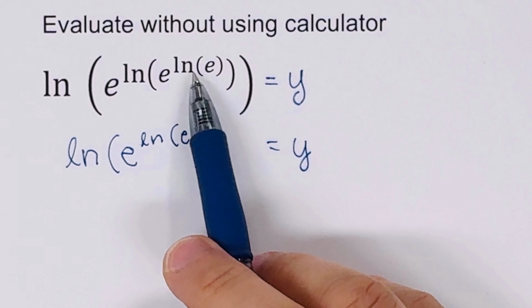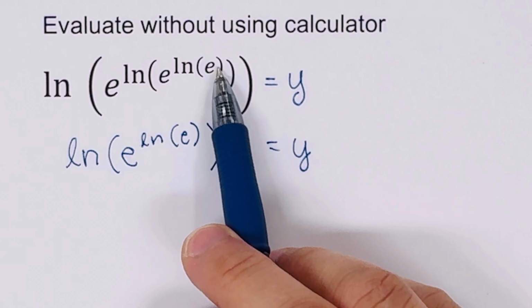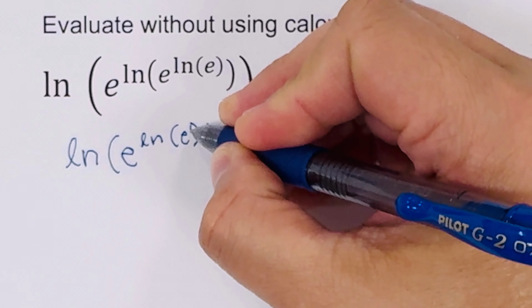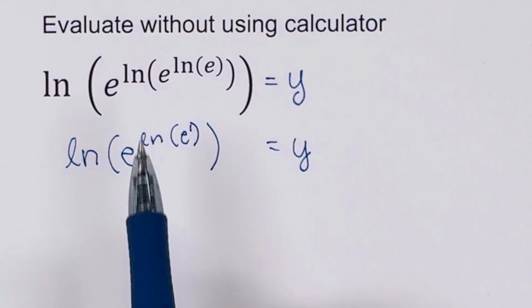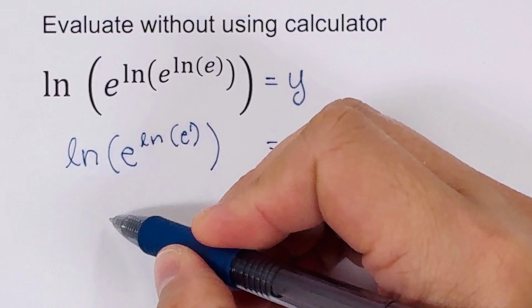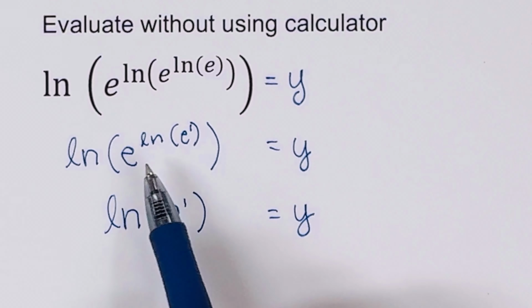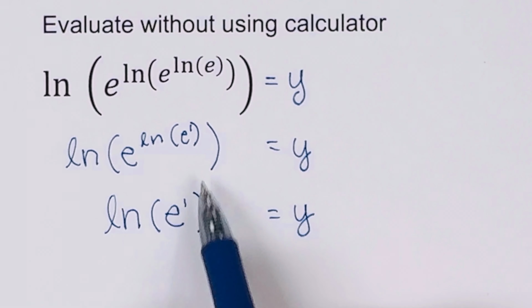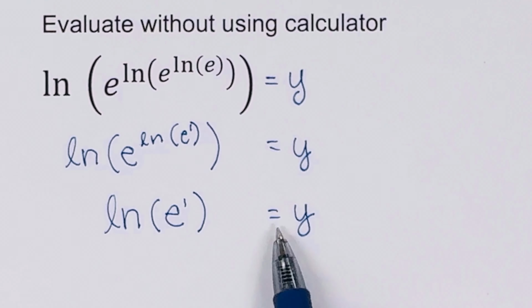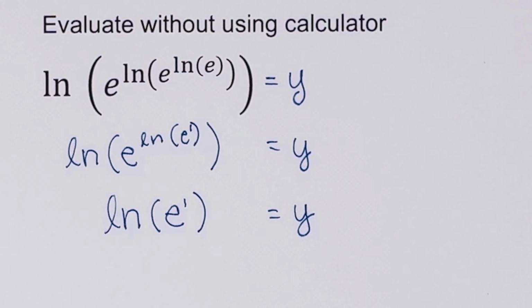So what I did was this ln e is equal to 1, so this is pretty much like e raised to the power 1, or pretty much like e. And we remember that this ln e again is equal to 1, so we can simplify this. So what happens here is that ln e is equal to 1, and so this is pretty much like ln e is equal to y, and we remember that ln e is equal to 1.